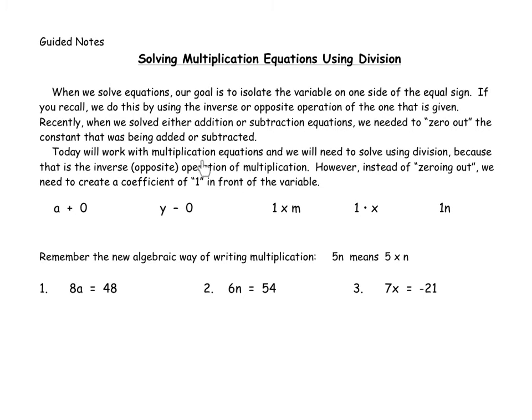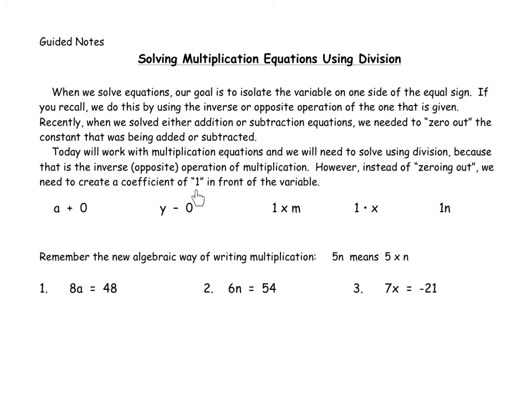Today, we'll work with multiplication equations, and we will need to solve using division, because that is the inverse or opposite operation of multiplication. However, instead of zeroing out, we will need to create a coefficient of 1.